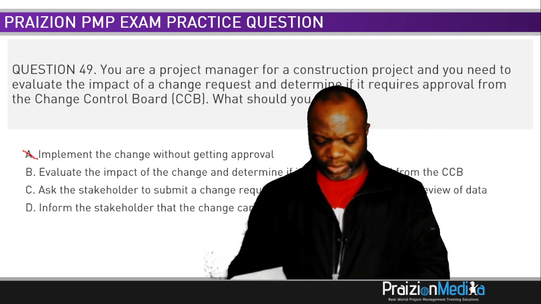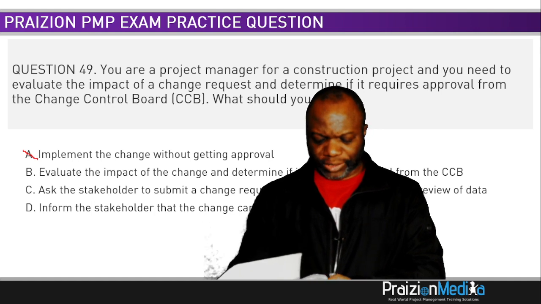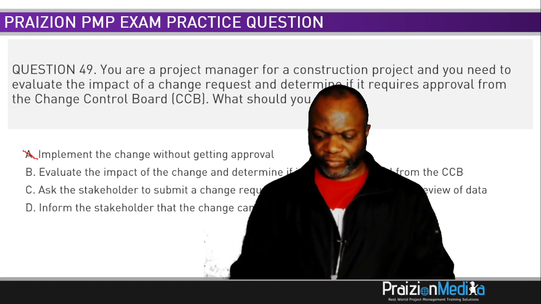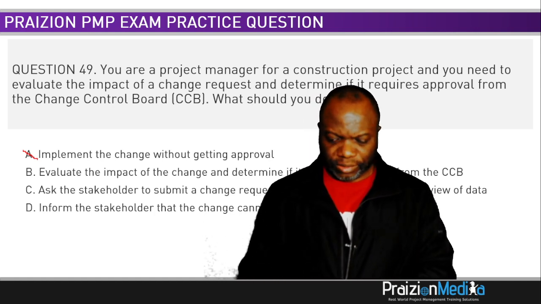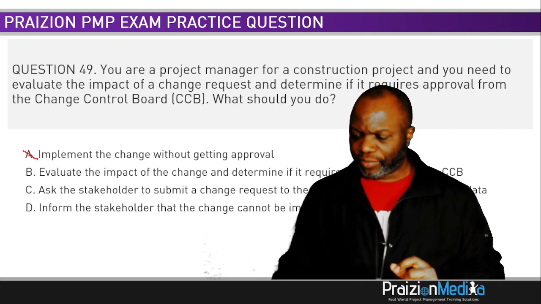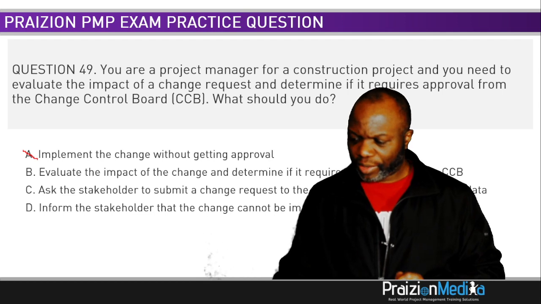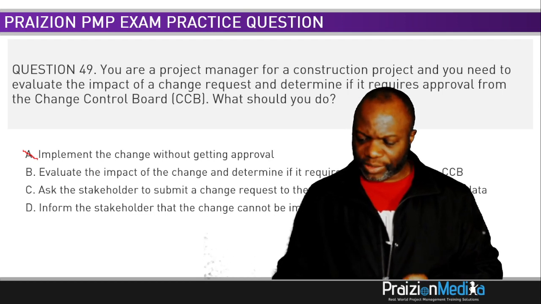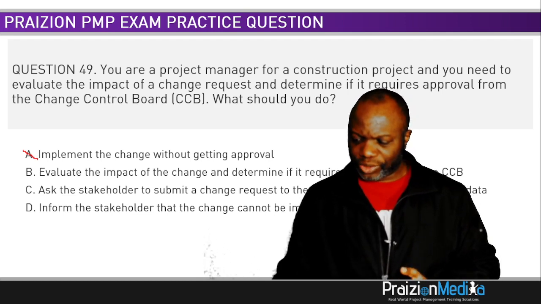If we go to page 115, I'll just read some pieces of it for you. It says, the Perform Integrated Change Control process is conducted from project start through completion and is the ultimate responsibility of the project manager.